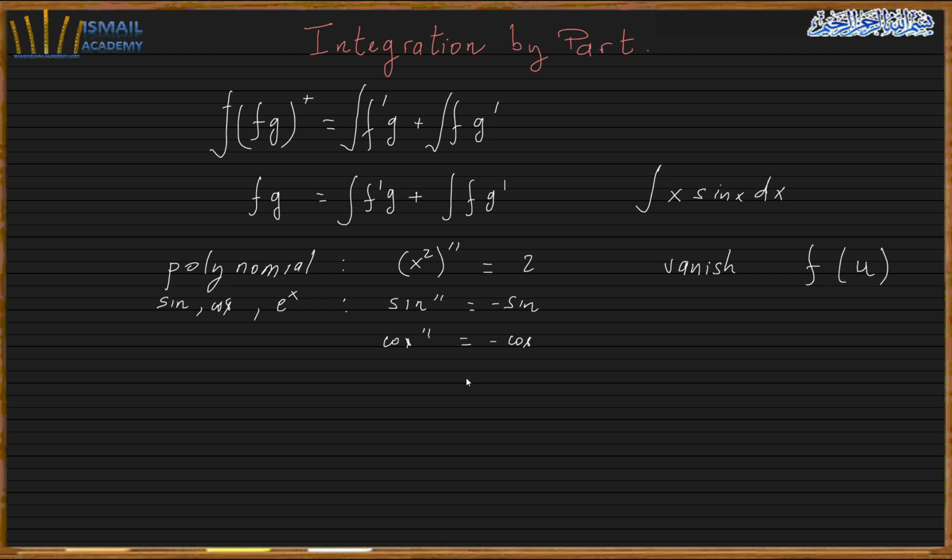So the derivative comes back. Exponential, if I do the first derivative, is exponential. Those types of function I call rotating functions. They are very easy to integrate and very easy to differentiate. So those are always my derivative, always my g prime, which means this will be my dv.